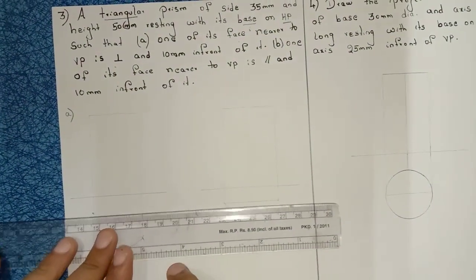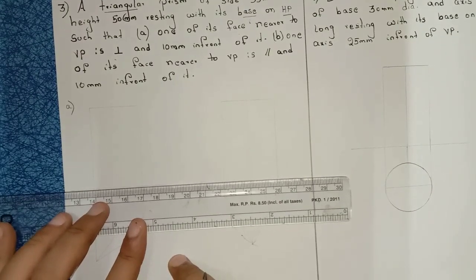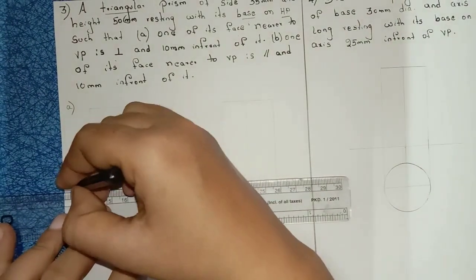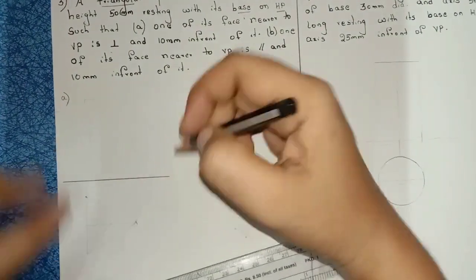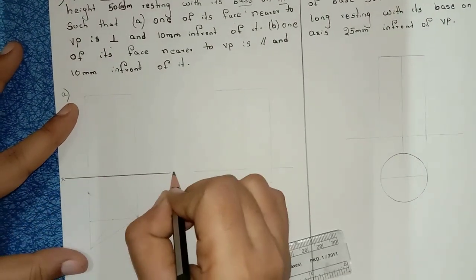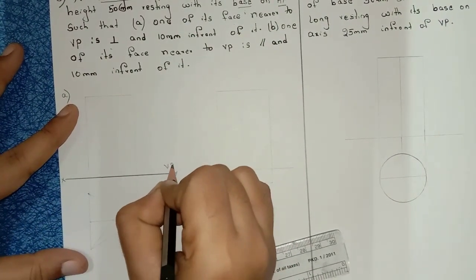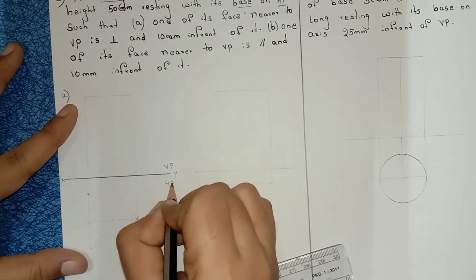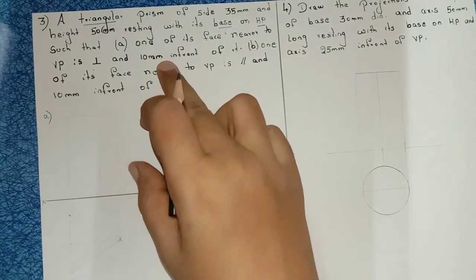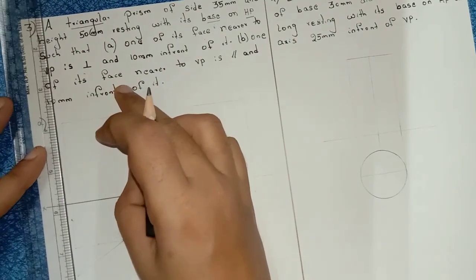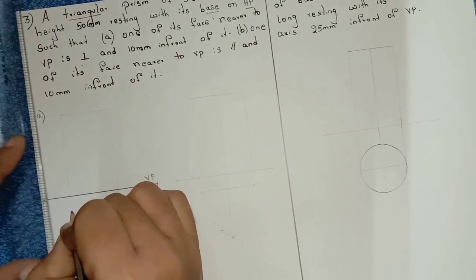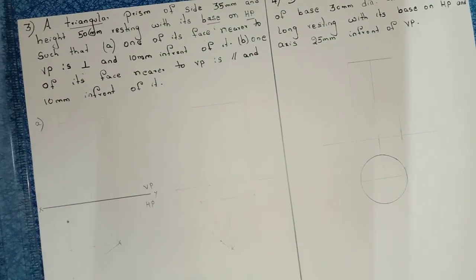I have to construct the triangle in HP only. So I am drawing a reference line of any length. Name it as XY, vertical plane, horizontal plane. First I should leave 10 mm in front of VP. I am leaving a 10 mm gap.